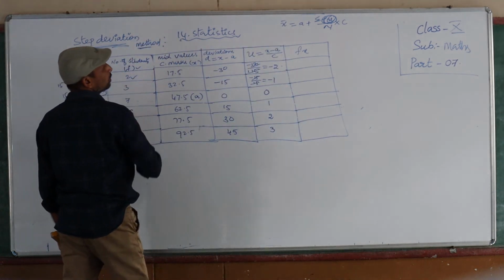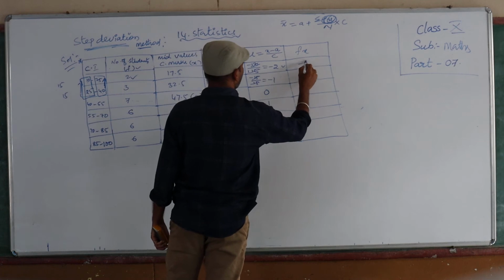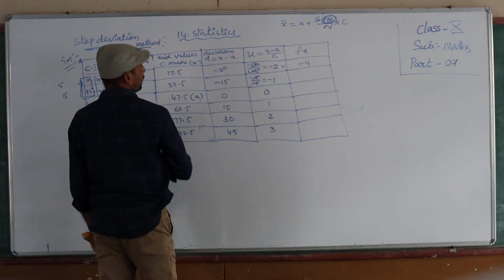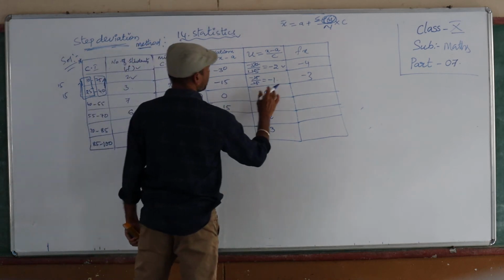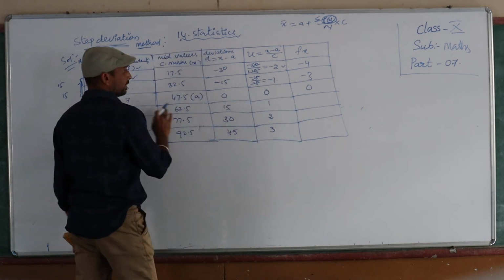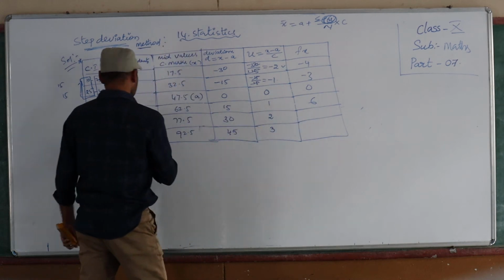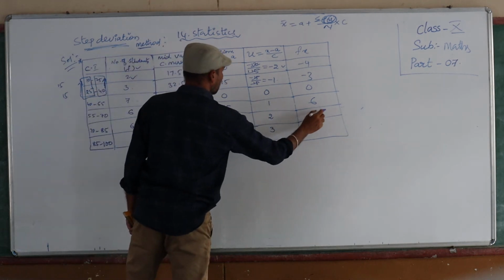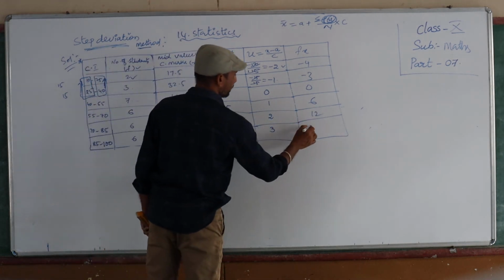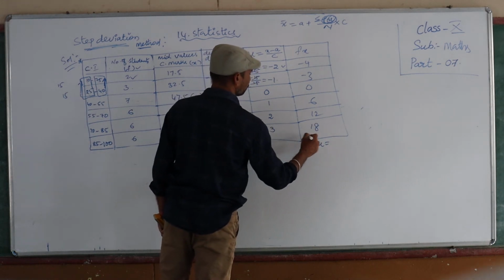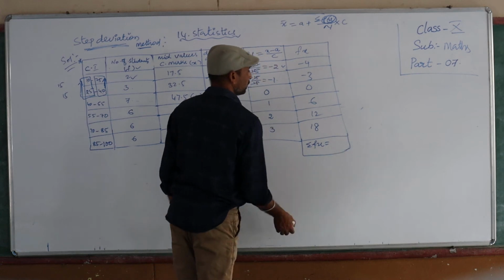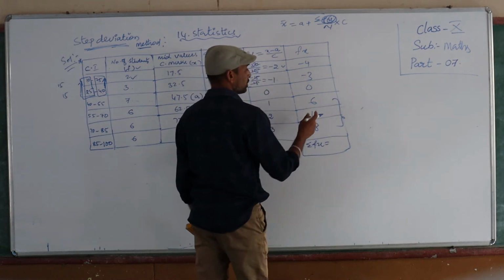So 2 into minus 2 is minus 4, 3 into minus 1 is minus 3, 7 into 0 is 0, 6 into 1 is 6, 6 twos are 12, 6 threes are 18. Then find sigma fu.